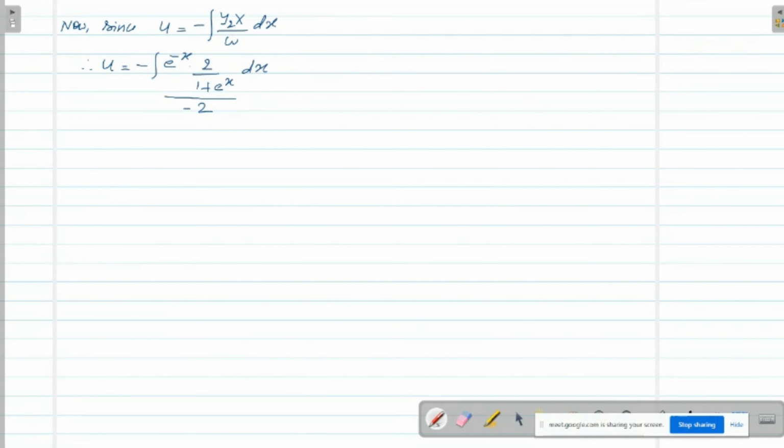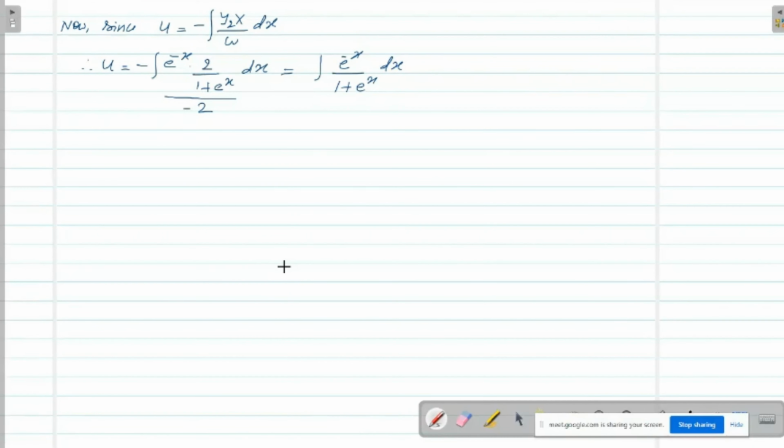Negative negative becomes positive, and the 2 cancels. So this becomes integration of e raised to minus x divided by 1 plus e raised to x, and dx.